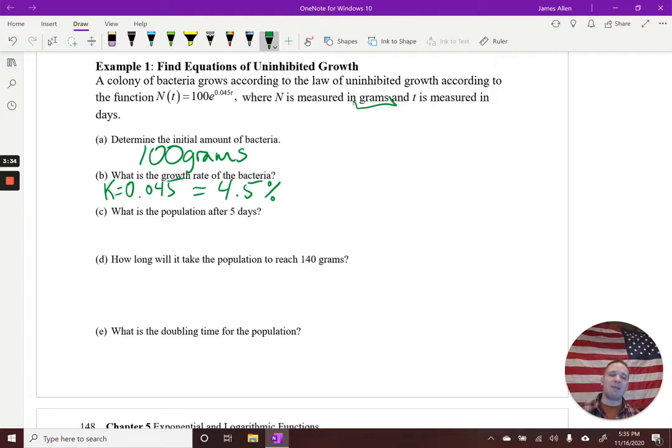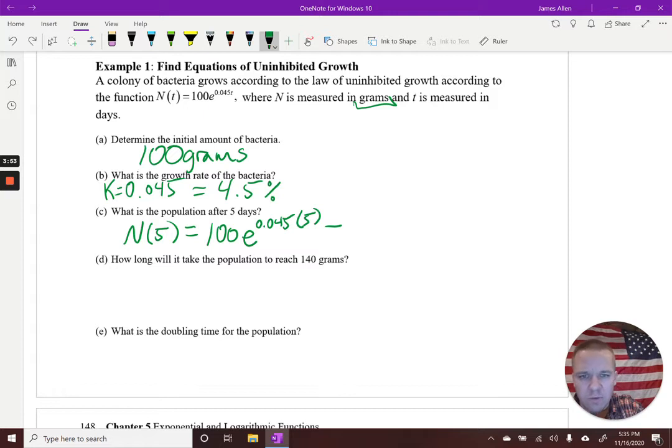Well, now I need to get my calculator out. So we'll have N of 5 is equal to, and then we're just going to go ahead and plug in 5 for t. 100 e raised to the 0.045 times 5. I have already calculated this.